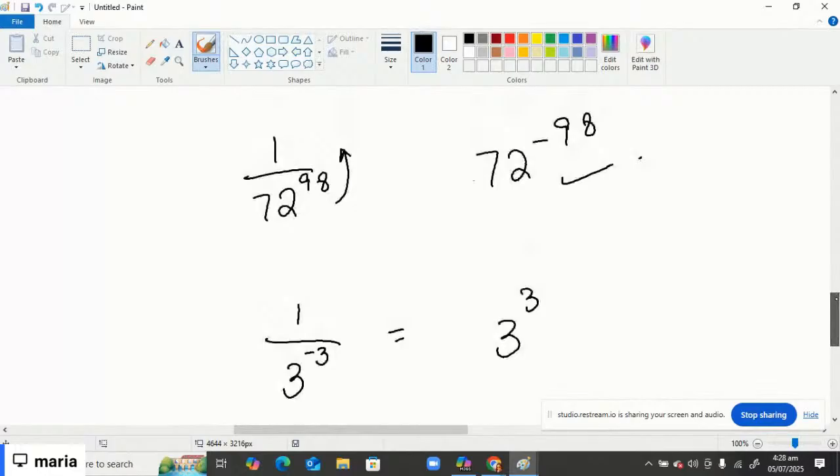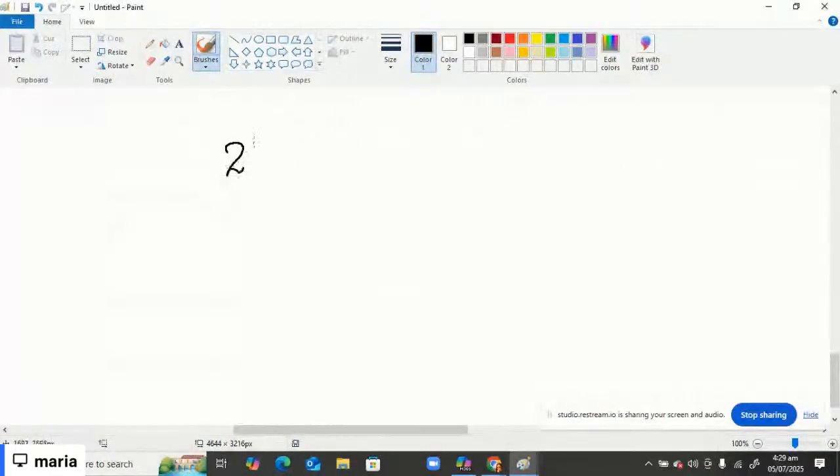Let's suppose I'm going to write it here: 2 power 3 over 2 power 6. Suppose here 1. First of all, let's take 1. So how can we solve it? If this 2 power 6 moves up, this becomes negative.